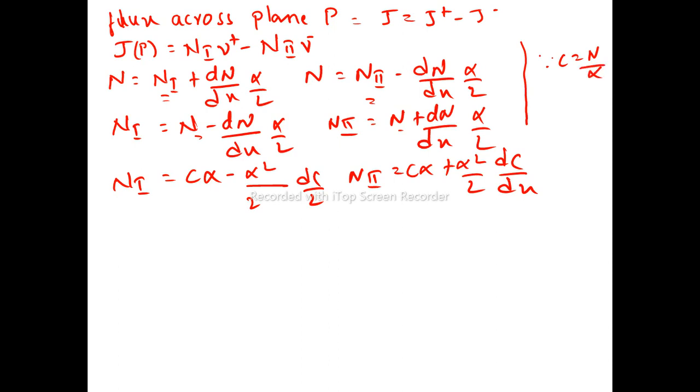I explained this in the previous slide, and differentiating this we get the value alpha square divided by dx, dC by dx.